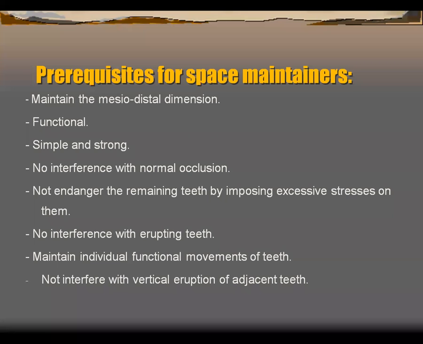It should not endanger the remaining teeth by imposing excessive stresses on them. It should not interfere with the erupting teeth. It should maintain individual functional movements of teeth. It should not interfere with vertical eruption of adjacent teeth.